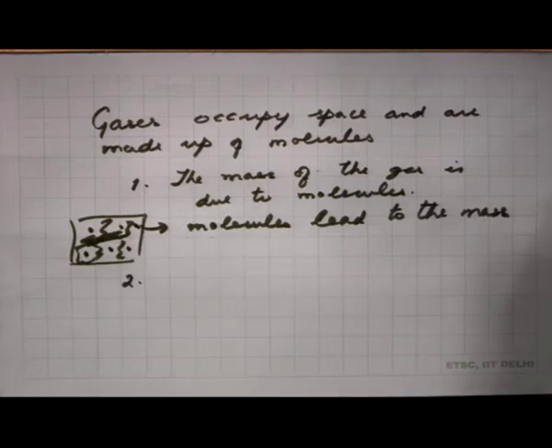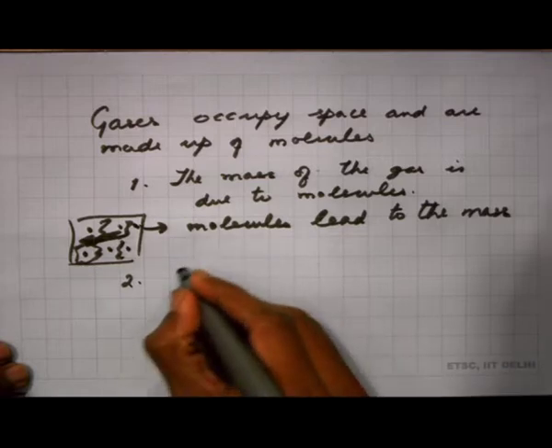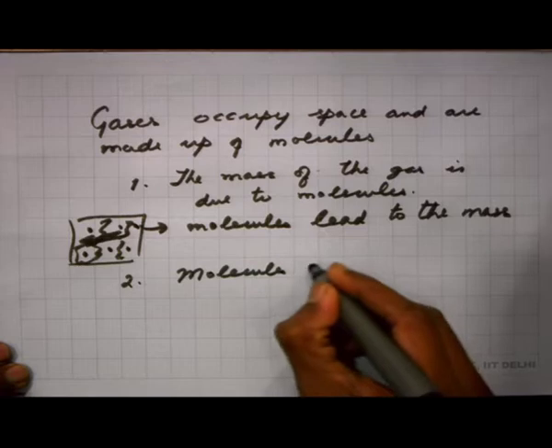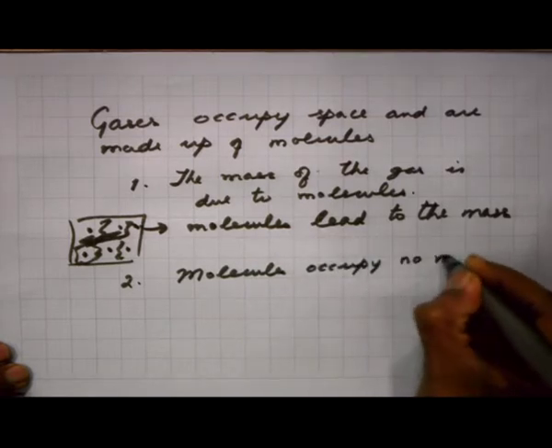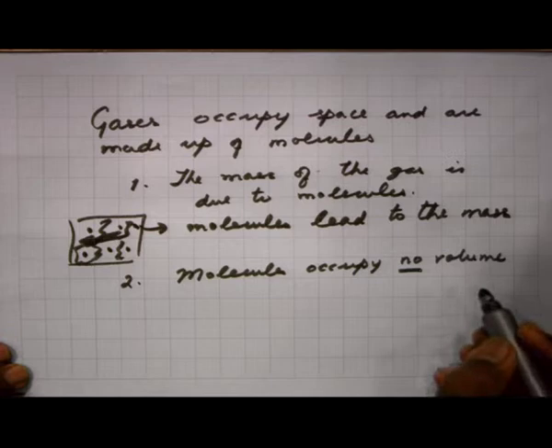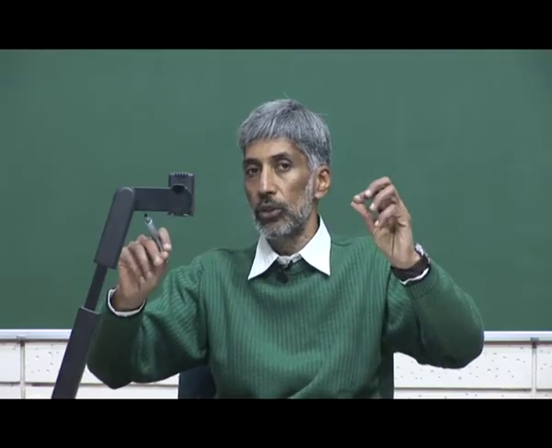The second part about the molecules in this model is that the molecules occupy no volume. That is, this is important. What we are saying is, it looks contradictory and counterintuitive.